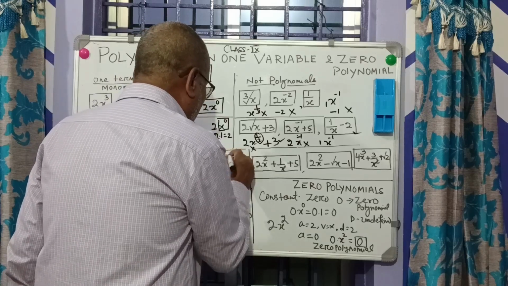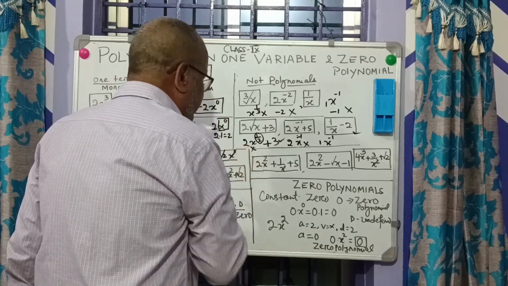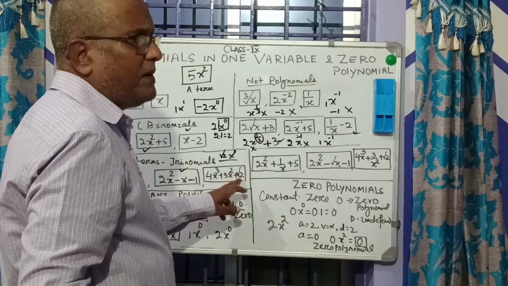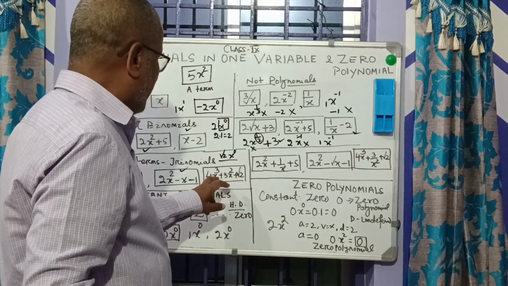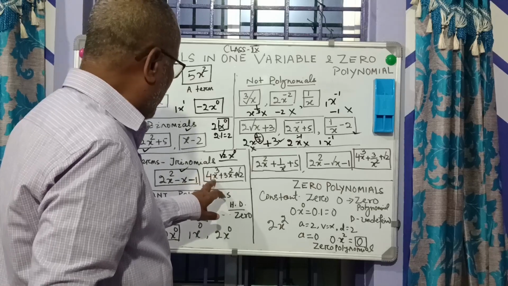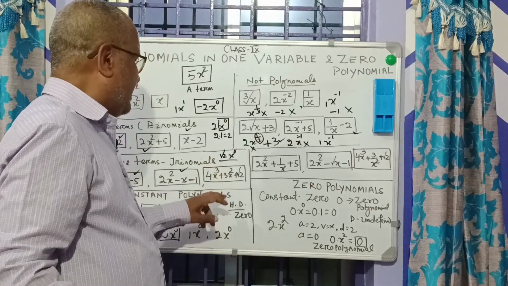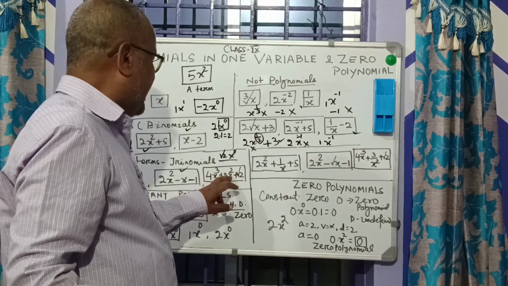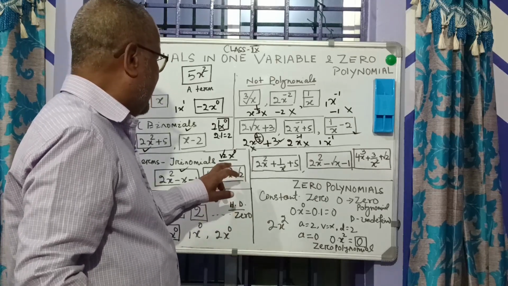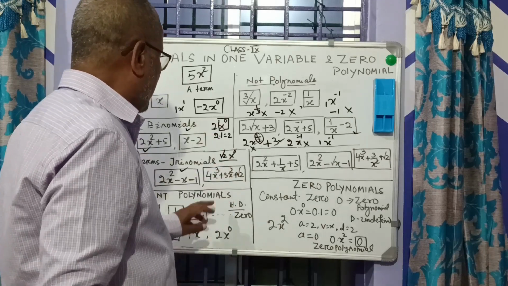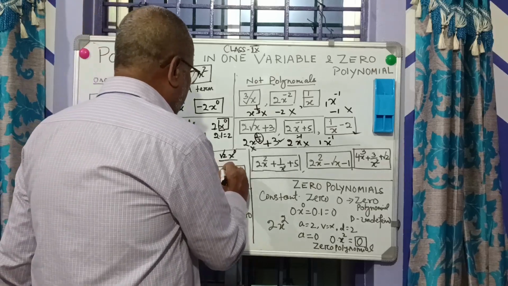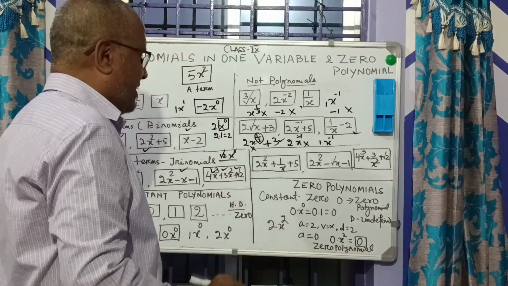So we can write root 2 x power 0. So root 2 is a polynomial. 4x cube is a polynomial. X is a variable, 4 is the coefficient, and 3 is the exponent. 3x square, x is the variable, 3 coefficient, and 2 exponent. So all three terms satisfy the conditions of a polynomial.